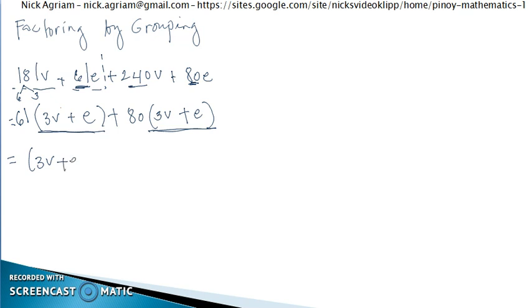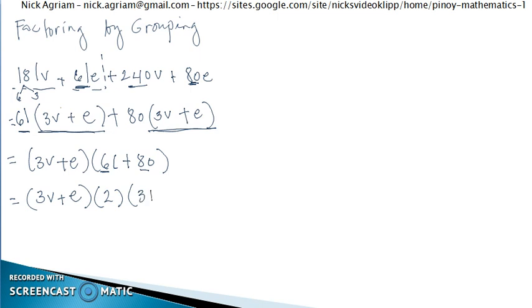Then we have a binomial. What is left in the first term is 6L plus 8O. As you can see, even here you can factor 6 and 8, which gives you 2 times 3L plus 4O.